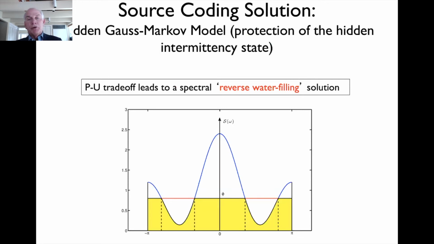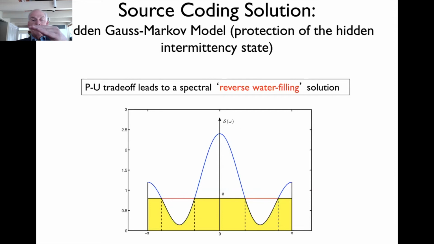And when we do that, if we model the intermittent state as a hidden Gauss-Markov model, it turns out we can get the optimal trade-off by using so-called reverse water filling. That is, if we look at the spectrum of the smart meter trace, and we set a water level, and we suppress those elements of the spectrum that are less than the water level, and we allow the others to go through undistorted, that gives us the optimal trade-off between utility and privacy in this case.